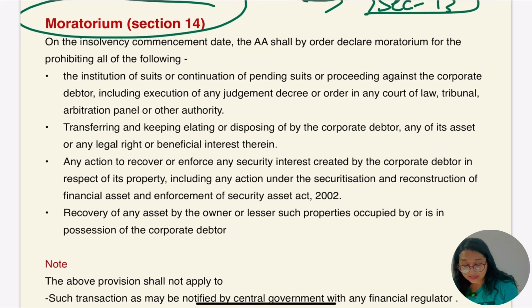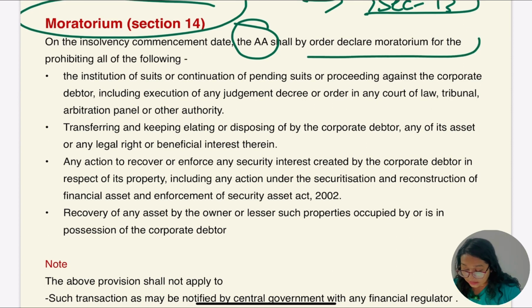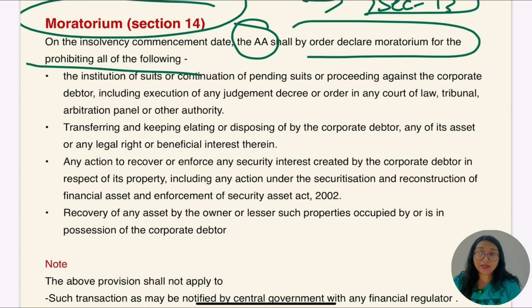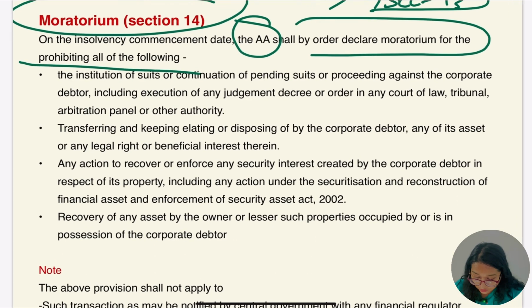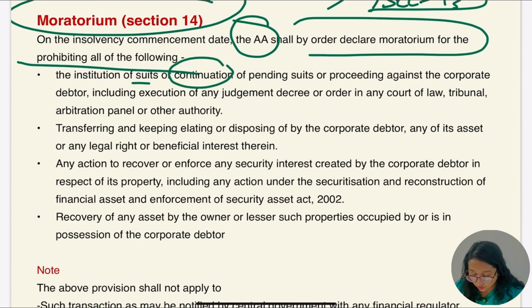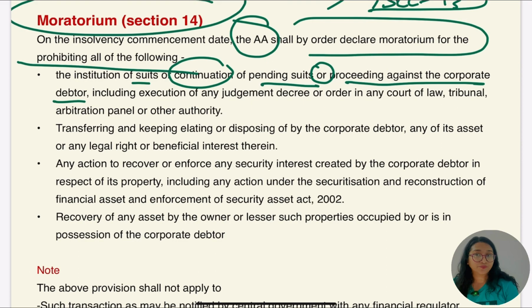On the insolvency commencement date, the adjudicating authority shall by order declare a moratorium for prohibiting all of the following things. So the company cannot go for these things. First of all, the institution of suits or continuation of pending suits or proceedings against the corporate debtor, which says if any suit is already pending against whom?